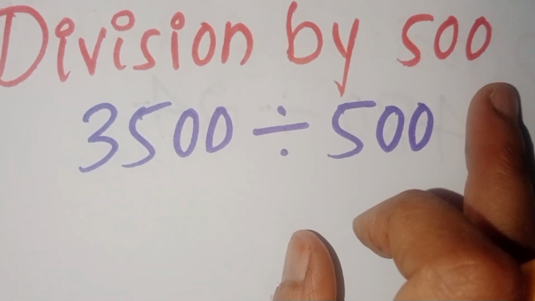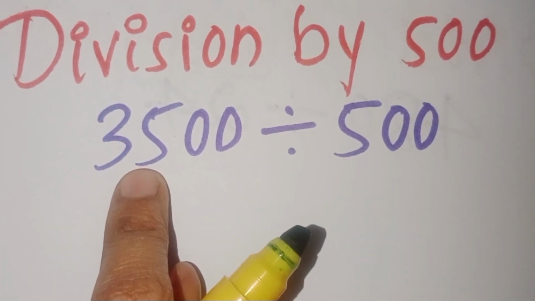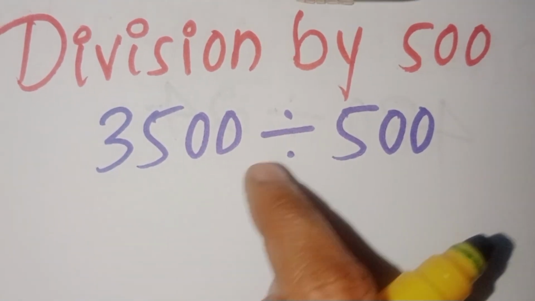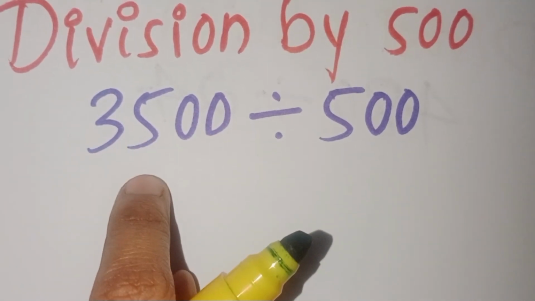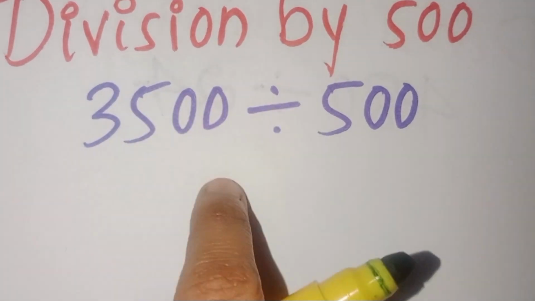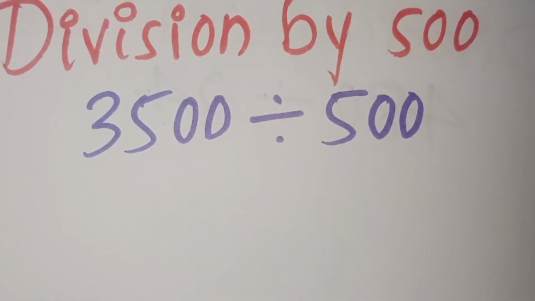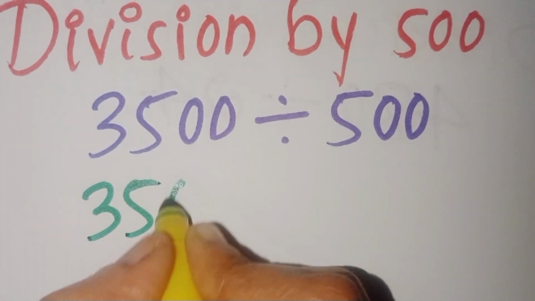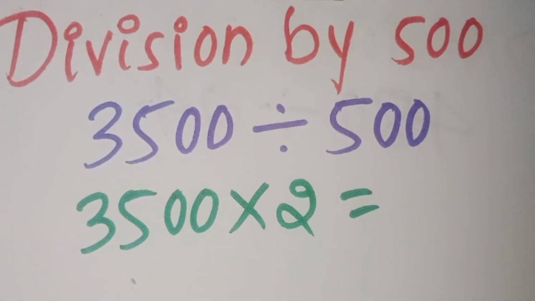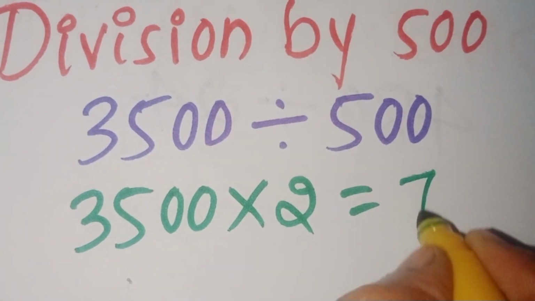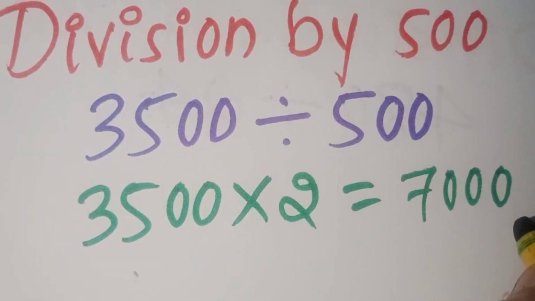Division by 500. First multiply this number by 2, then divide the result by 1000. 3500 into 2. We get 7000.